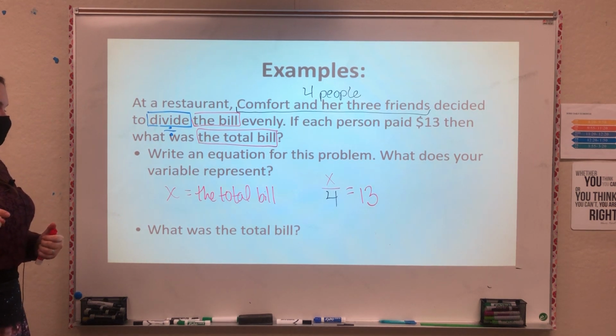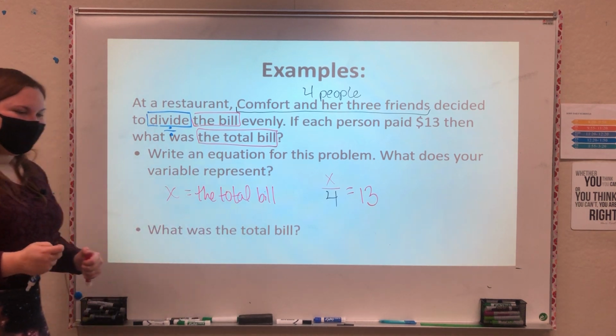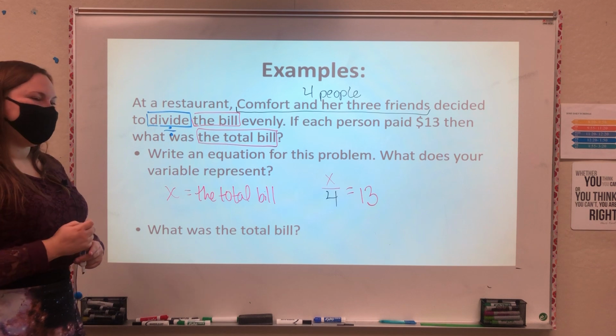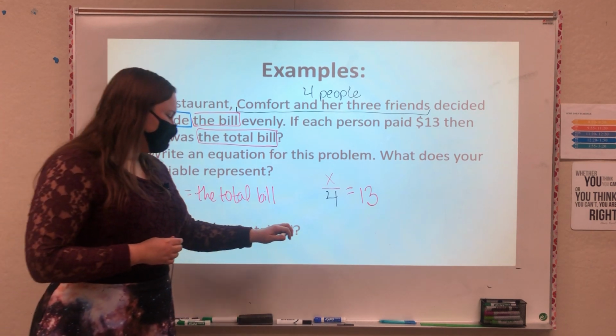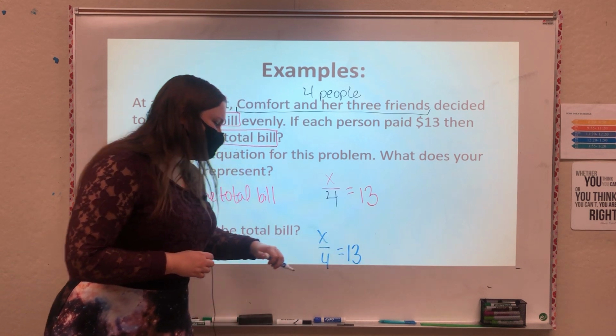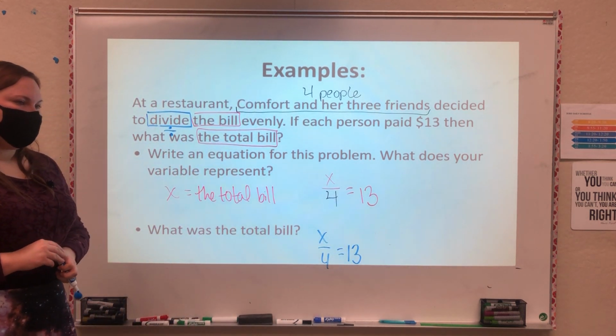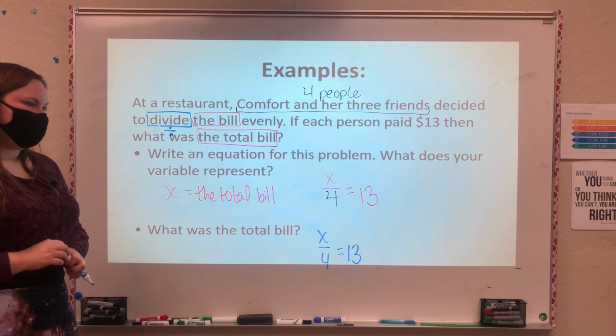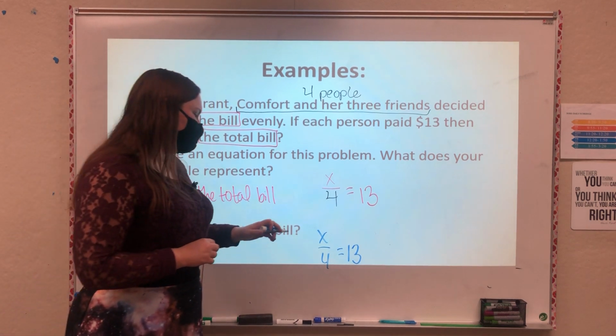Now the second part, what's the total bill? This is the part you've been wanting to do. What do we need to do to find that total bill? Multiply. What do you want to multiply by?